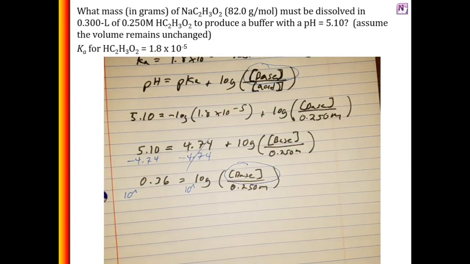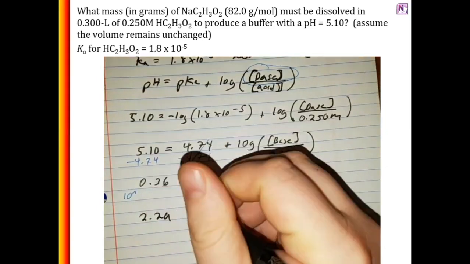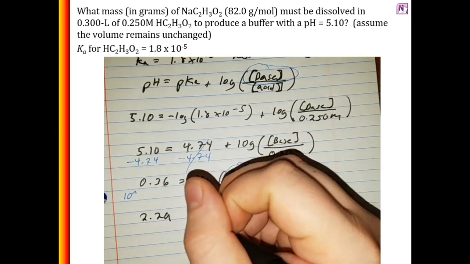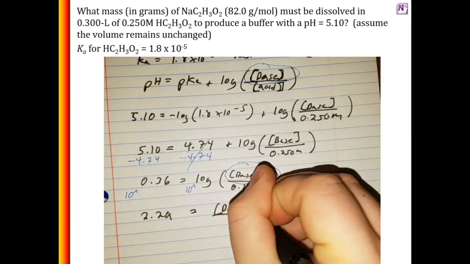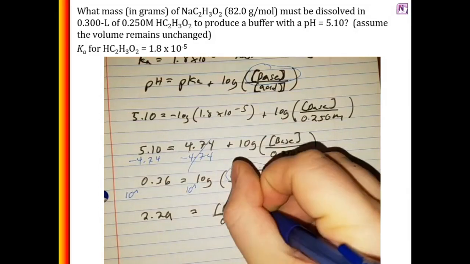That's going to give me 2.29 is equal to the concentration of my base over 0.250 molarity.